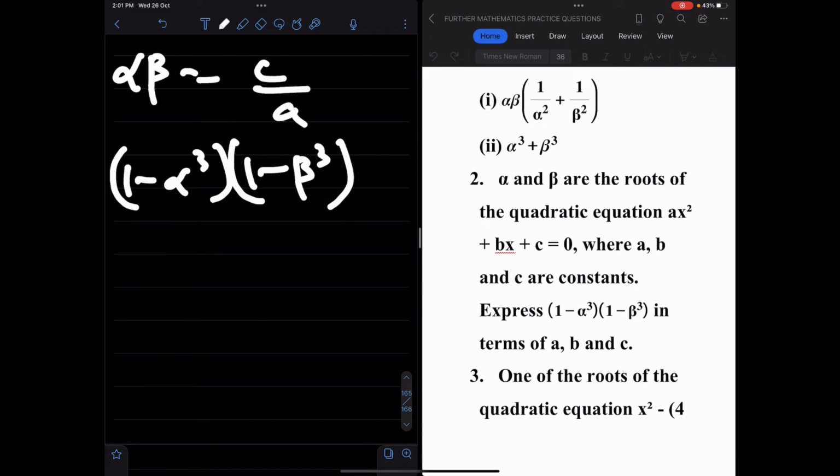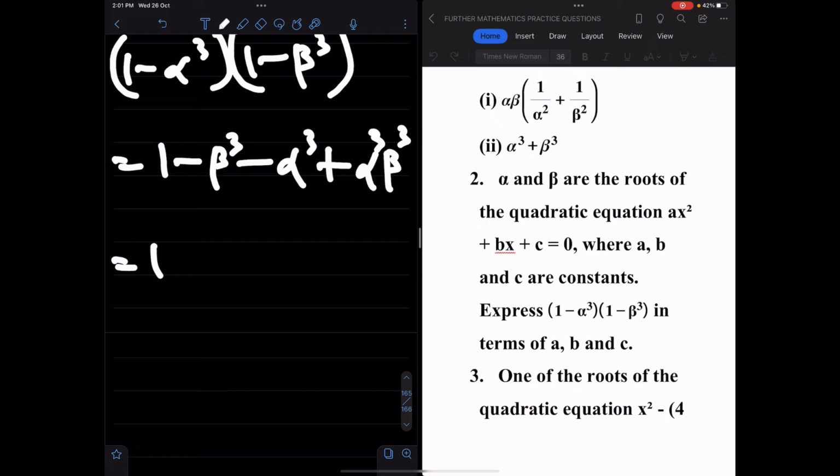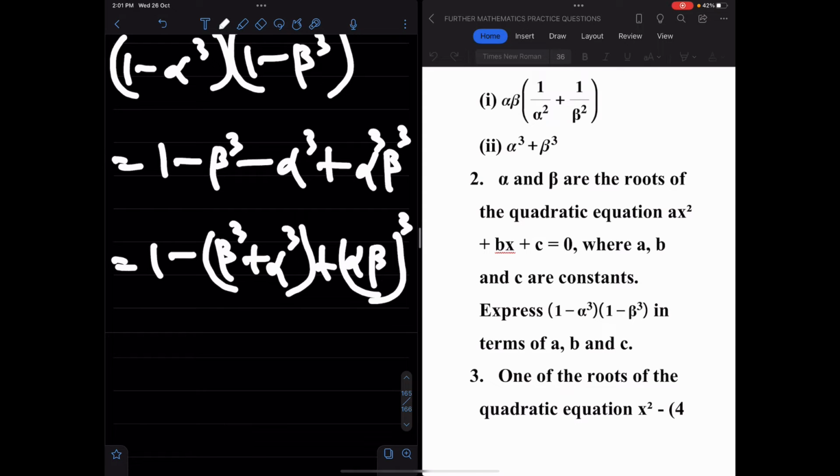1 minus alpha cubed, now that's equal to 1 minus beta cubed minus alpha cubed plus alpha cubed beta cubed. And that means 1 minus, into brackets, beta cubed plus alpha cubed, and I can write alpha cubed beta cubed as the cube of the product of alpha and beta.